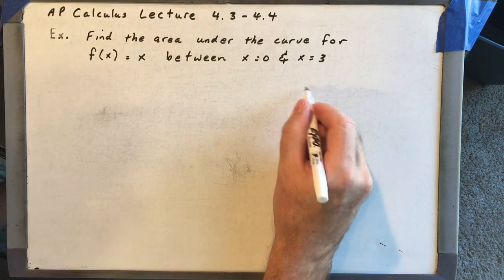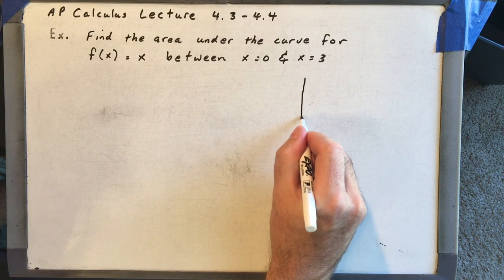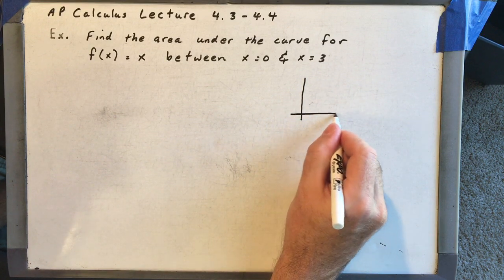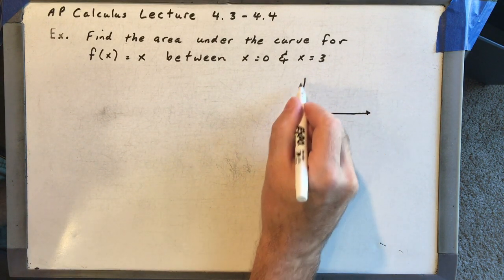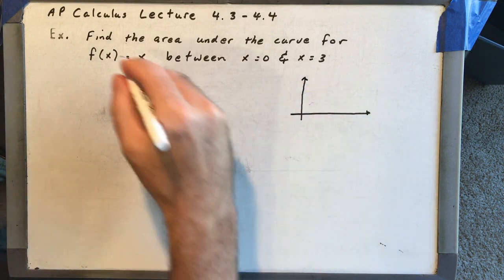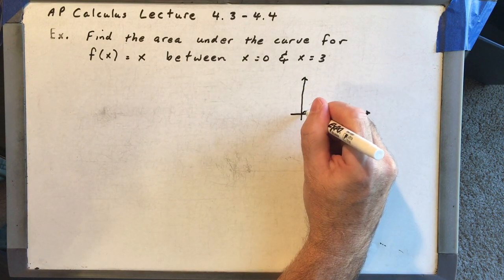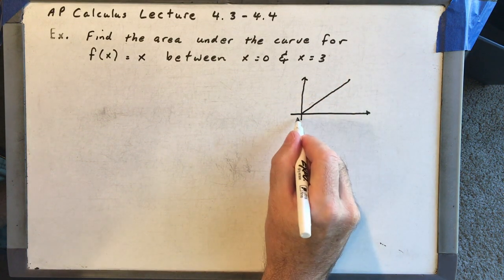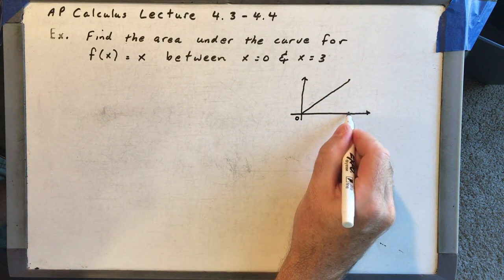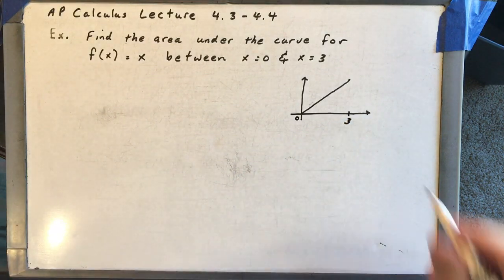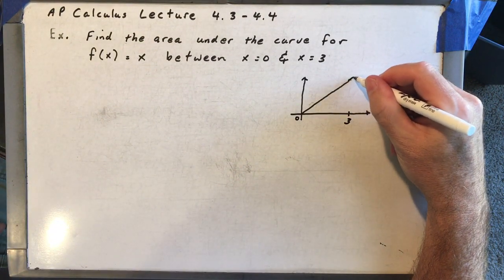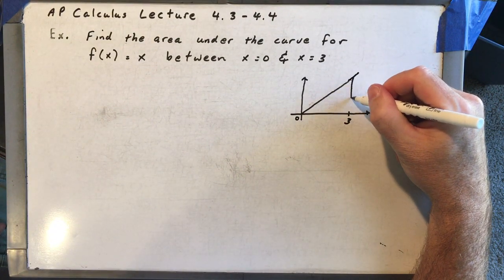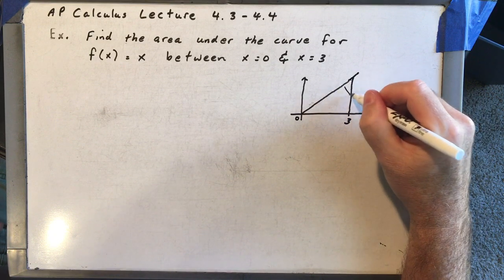Okay, so let's draw this in a graph. F of x equals x. That's just a line at a 45-degree angle. And this is 0, and this is 3. So we're just making a triangle, right?